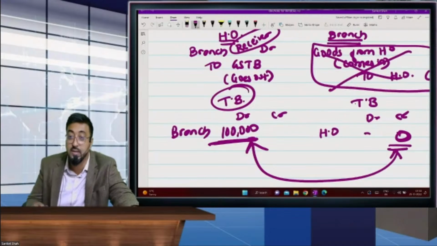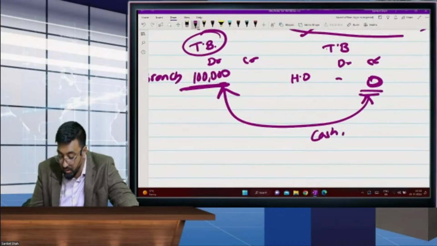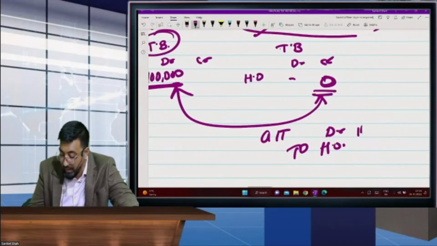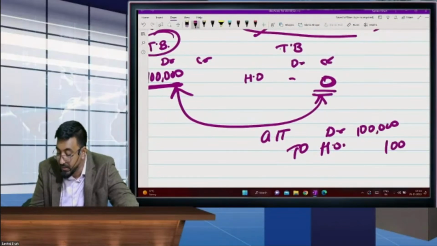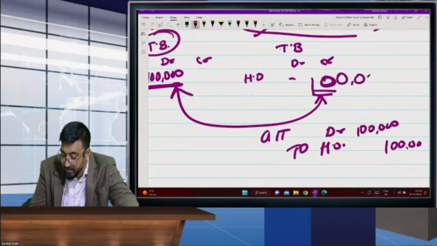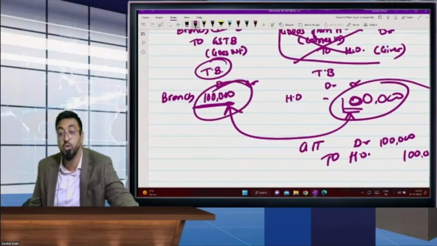So now reconciliation entry is passed by whom? Passed by branch, goods in transit to HO, 1 lakh, 1 lakh. And after passing this entry, now HO is showing credit balance, 1 lakh credit, and in the books of HO, branch is showing debit balance.